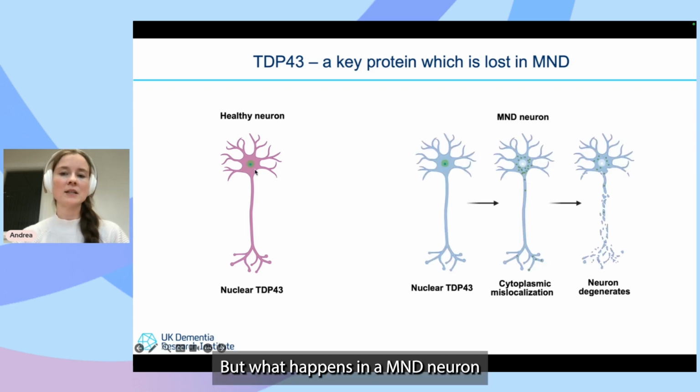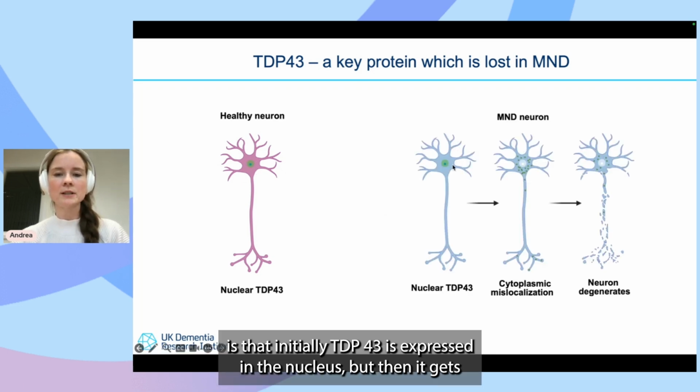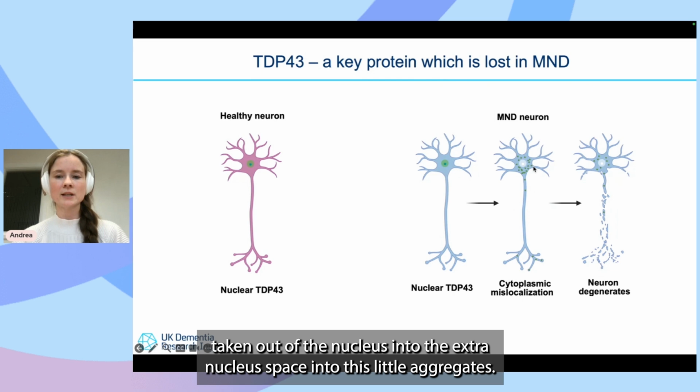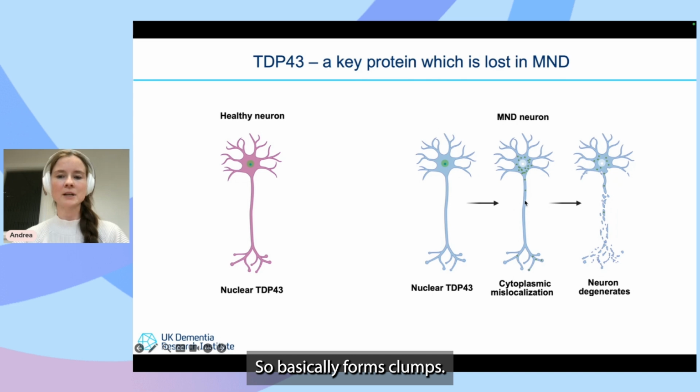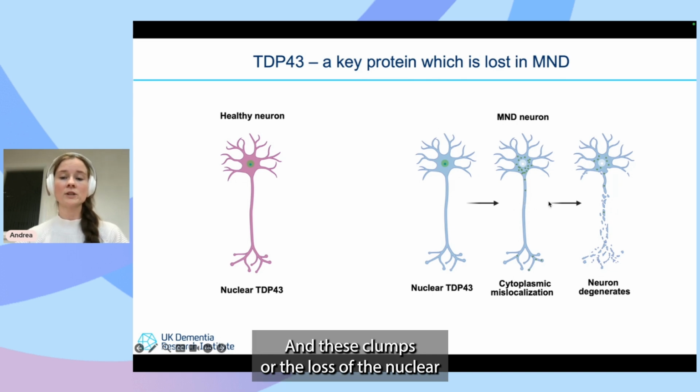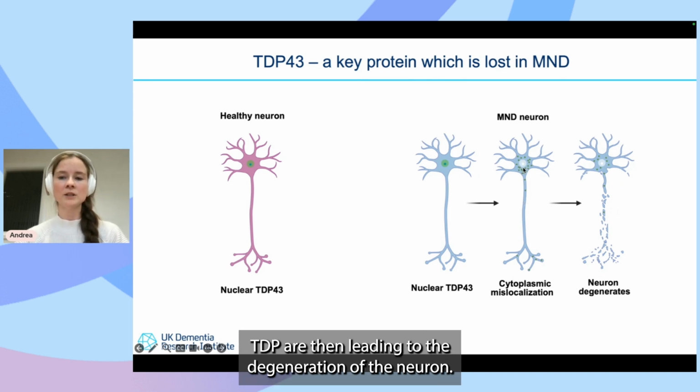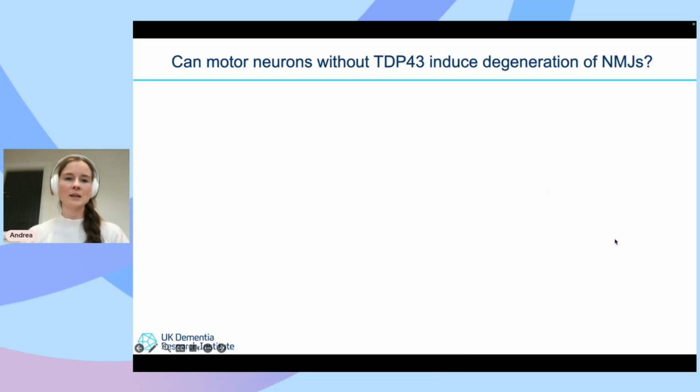But what happens in an MND neuron is that initially TDP43 is expressed in the nucleus, but then it gets taken out of the nucleus into the extranuclear space, into these little aggregates. So it basically forms clumps. And these clumps, or the loss of the nuclear TDP, are then leading to the degeneration of the neuron.